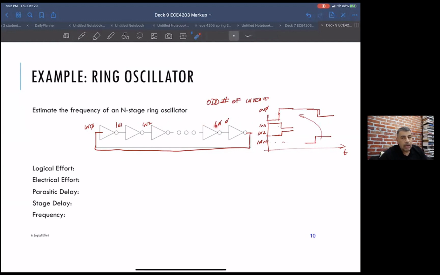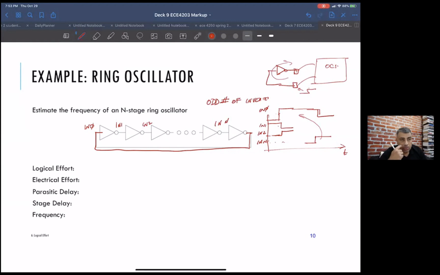And the interesting thing is you can use this oscillation frequency to easily measure the delay of these gates. Now, let's say you get your silicon back. One thing you could do is just hook up the input and output of your inverters to an oscilloscope and measure the delay, right? You could put in an input here and measure the delay going out there.